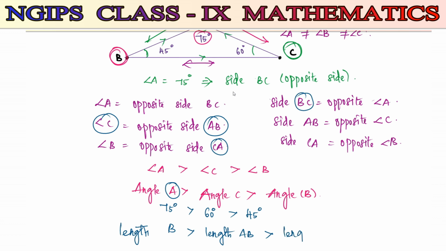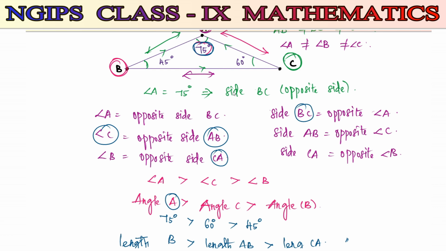So this is the first theorem. When the angle is greater, the corresponding opposite side is also going to be greater. That is what is given in this theorem. If all the sides of the triangle are of different length, AB is not equal to BC and BC is not equal to CA, then the angles are also not equal, in such a way that the greatest side has the greatest opposite angle.